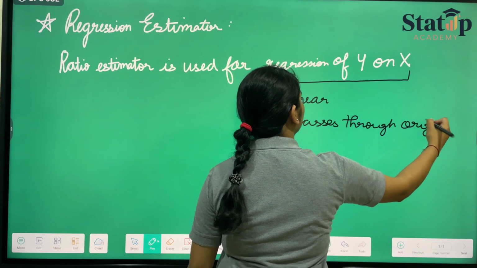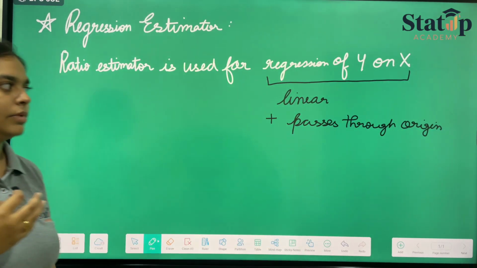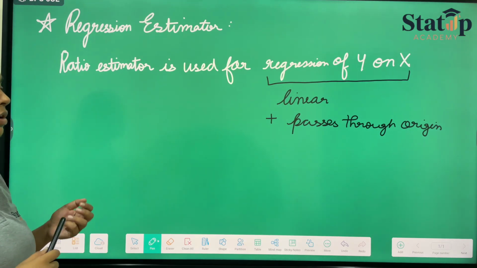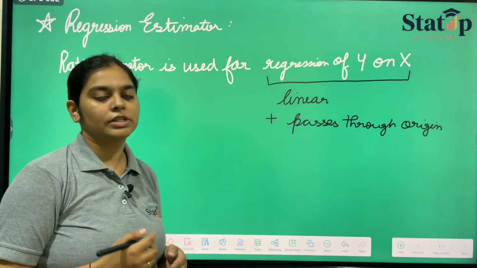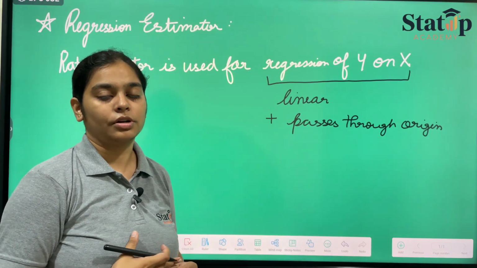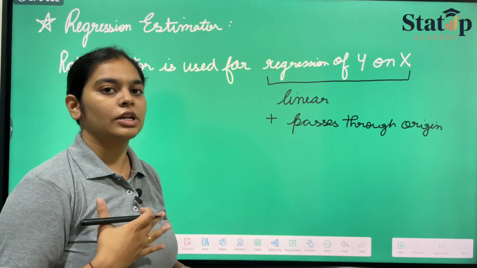In this scenario, we use ratio estimator. But what happens if this regression of y on x is linear? Obviously, the regression line is always linear, but it doesn't pass through origin. Then we use regression estimator.